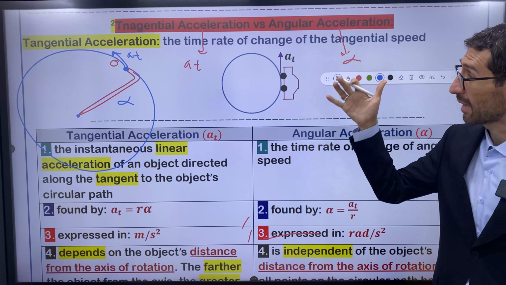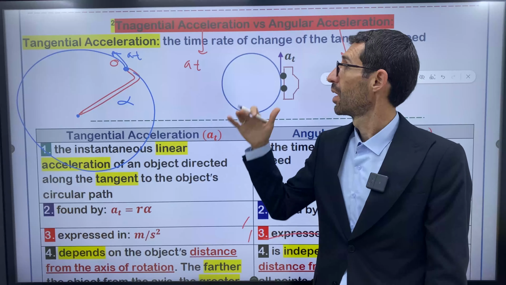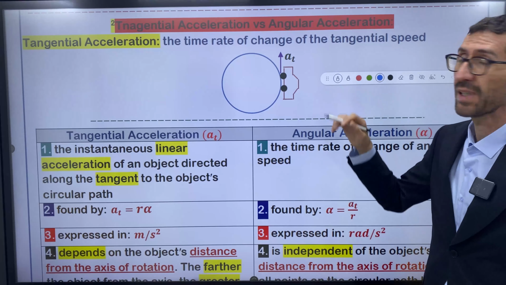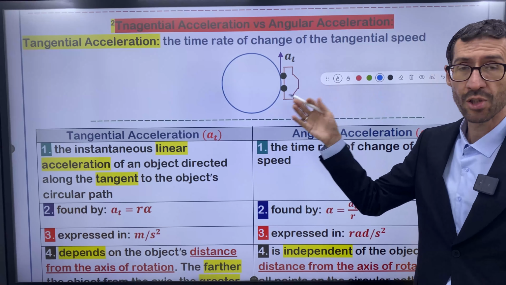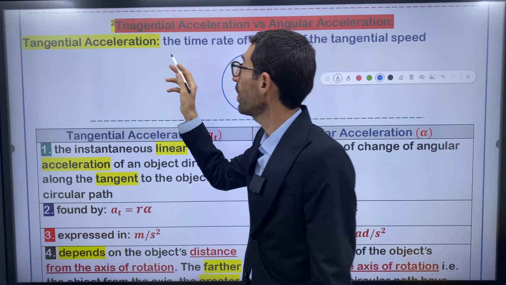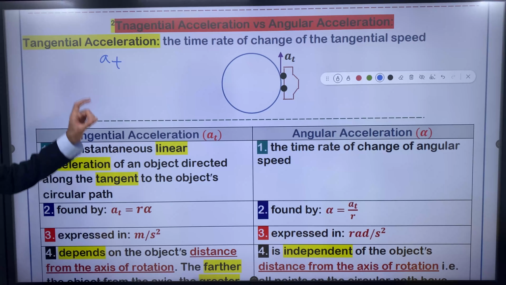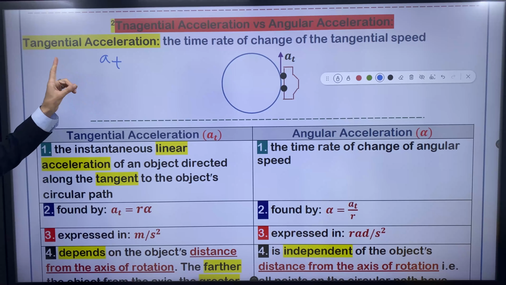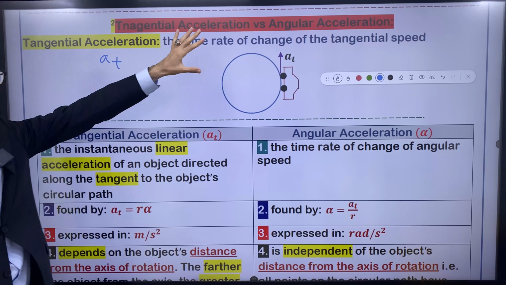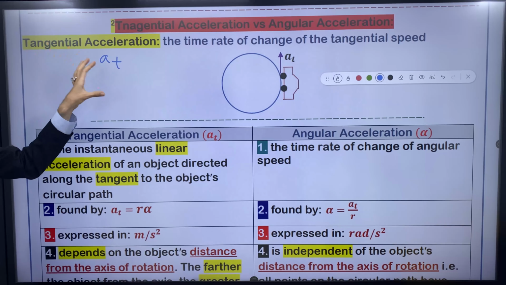Let me read the explanation I prepared in advance for you. I'm going to read the definition for tangential acceleration, and we have one more example. From now, we denote tangential acceleration as AT, A sub t. Before I read the definition, I have a question for you.